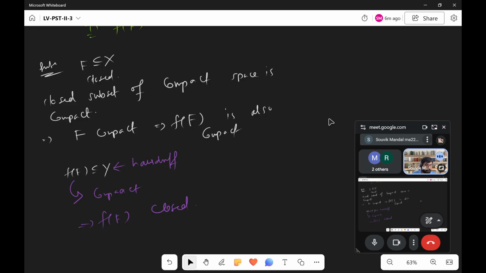That means in a Hausdorff space, compact is equal to closed. This is the theorem which you have seen in the last class, or maybe the first class. Anyway, so that's the thing. Is the argument clear? Please let me know.